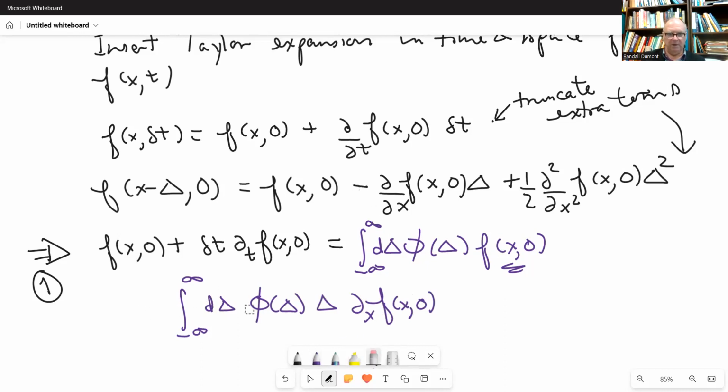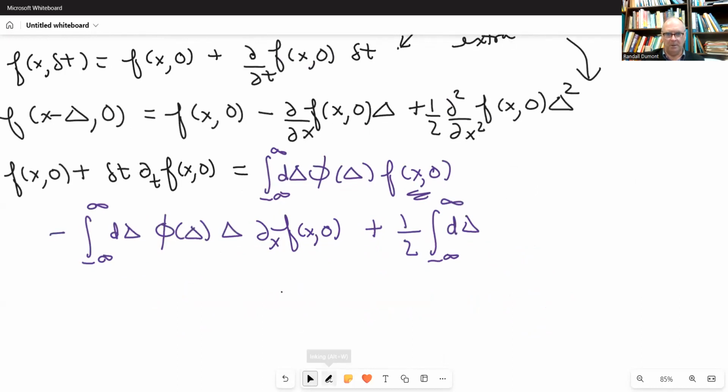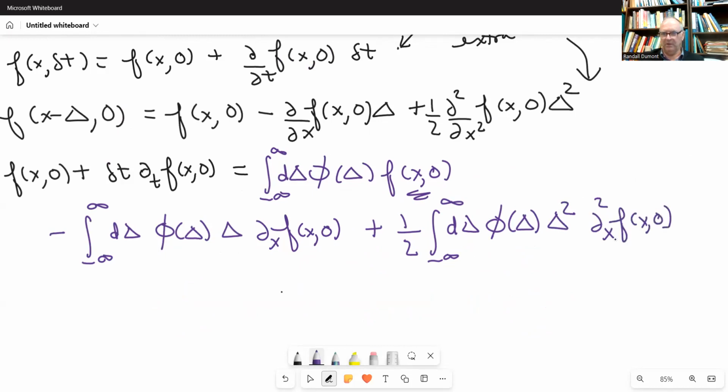So I'm going to put a minus sign here. And then we have a half integral, again, over delta. We have phi delta times delta squared. And then we have the second derivative of f. Again, there's no delta dependence in this factor.